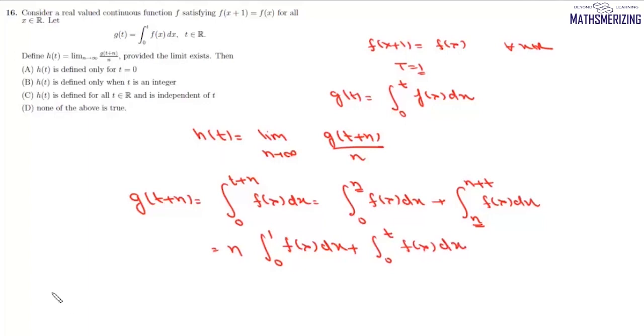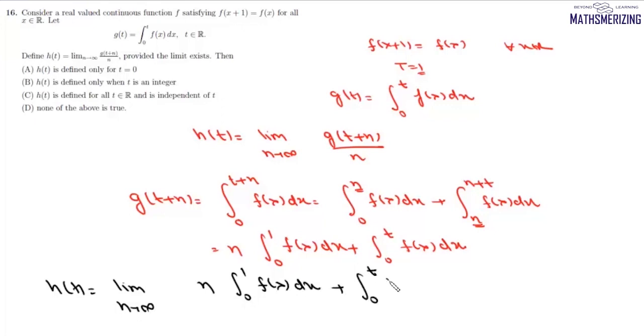So we can write this function h as this limit n tends to infinity of n times this integral from 0 to 1 f(x) dx plus this integral from 0 to t f(x) dx, upon n.